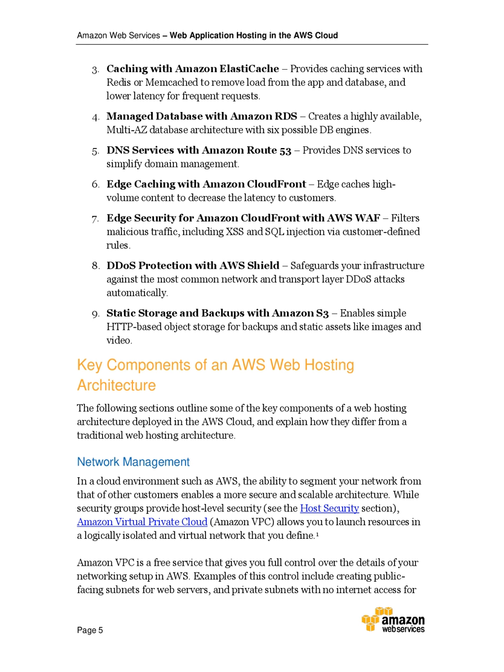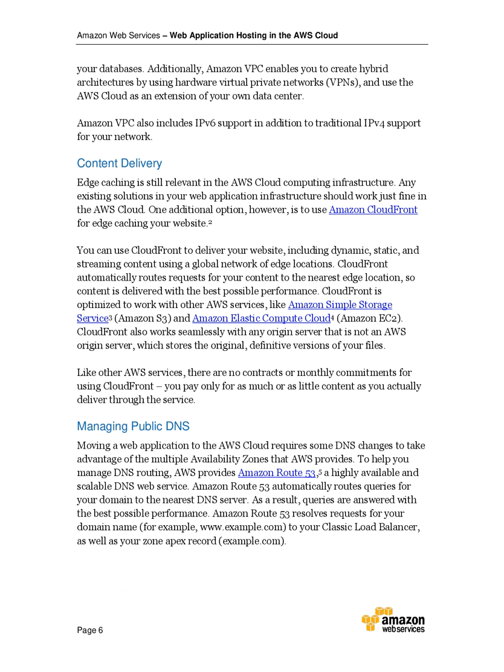in AWS. Examples of this control include creating public-facing subnets for web servers, and private subnets with no internet access for your databases.